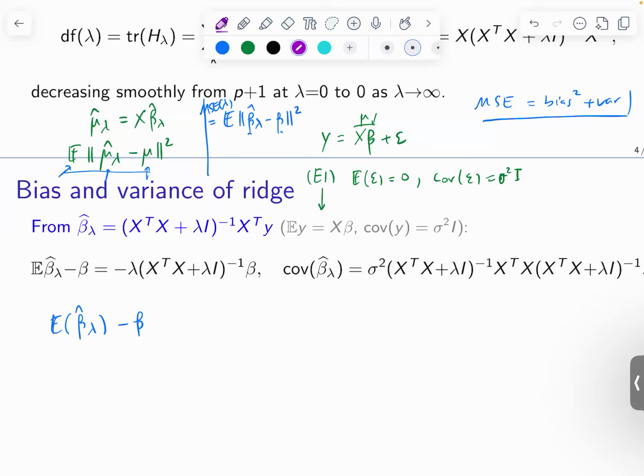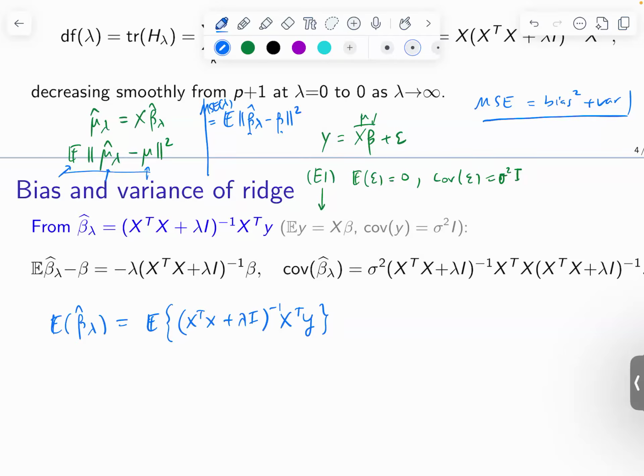So in order to do that, let me just calculate the first term, the expectation. How do we calculate the expectation of beta hat? I'm going to write the formula: x transpose x plus lambda I inverse, x transpose y. I'm just plugging in what beta hat is. So how do I calculate this? You move the linear operator to the outside.